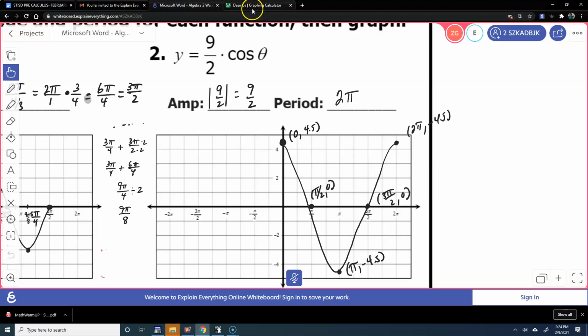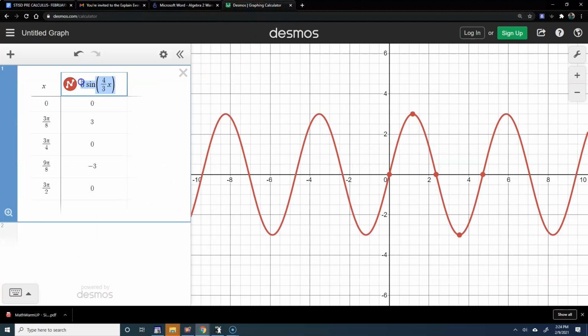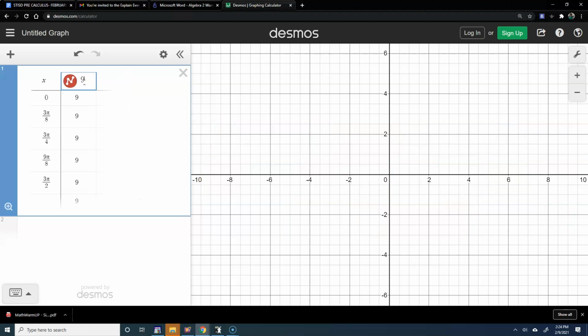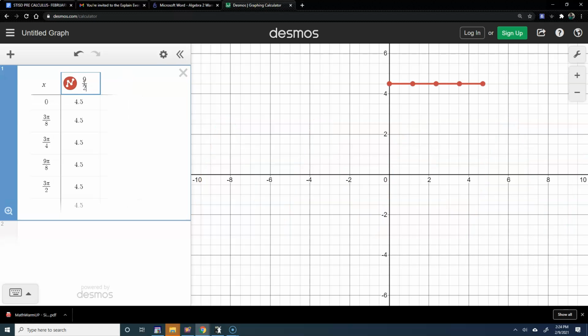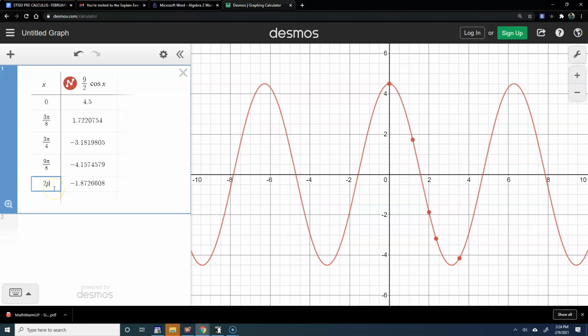So if we go over here to Desmos, and we type this in, we say 9 divided by 2, and then we have cosine of x. We start at 0, and we know we're going to end at 2 pi, which is 4.5, and we know it's going to have a minimum at pi.